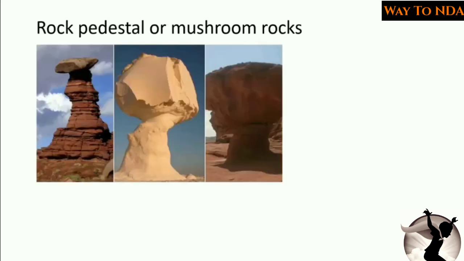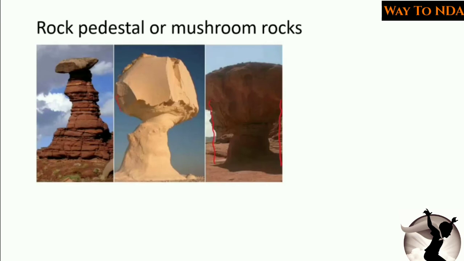So first, let's start with the rock pedestal or mushroom rocks. If you see, earlier this was the same rock structure. This was a single rock structure, a whole rock structure. But what happened over a period of time?